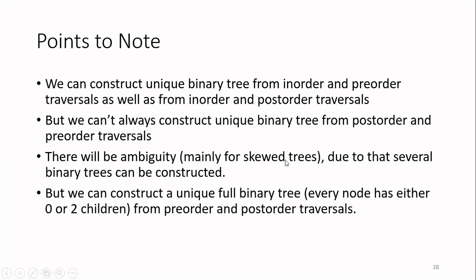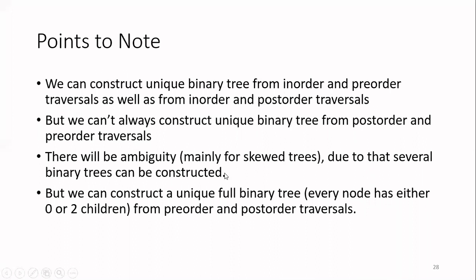Whenever you have a skewed tree, every internal node in the tree will have only one child, maybe the left child or right child. So when you have skewed trees like this, because of this ambiguity, many people will construct different trees for the given post and pre-order traversal. So you may not know which is the final answer. This drawback we have only for the construction of the tree from post-order and pre-order traversal.